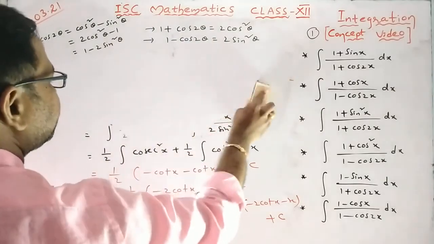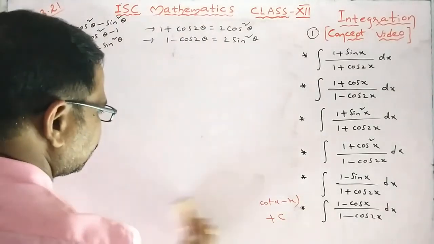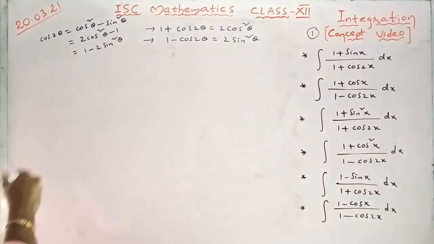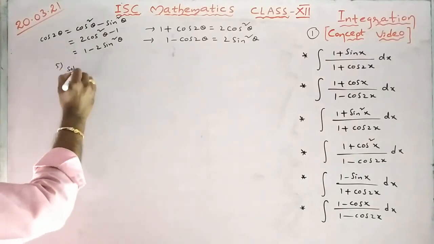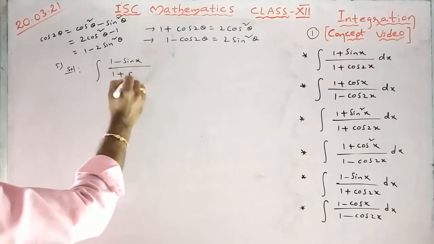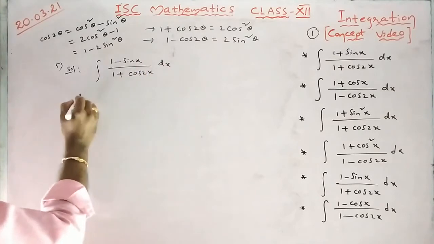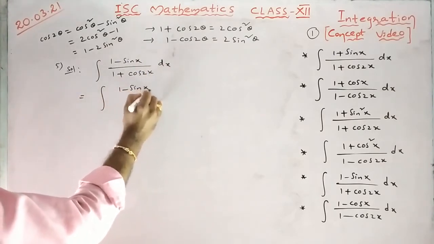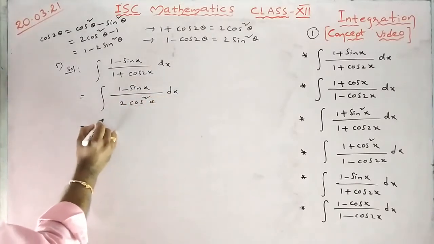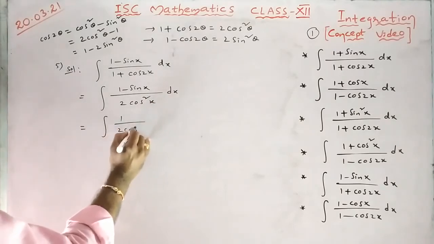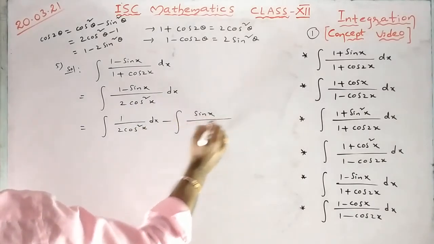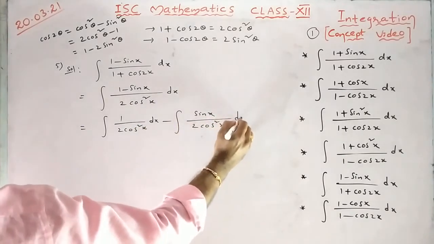Fifth one, we can do it. Integral (1 minus sin x) by (1 plus cos 2x) dx. So 1 plus cos 2x is nothing but 2 cos square x dx. So integral 1 by 2 cos square x dx minus integral sin x by 2 cos square x dx.